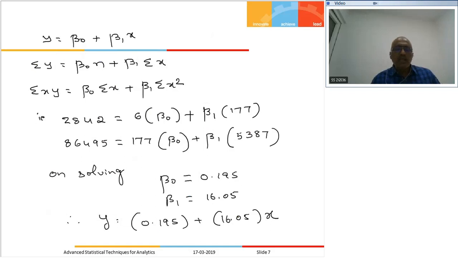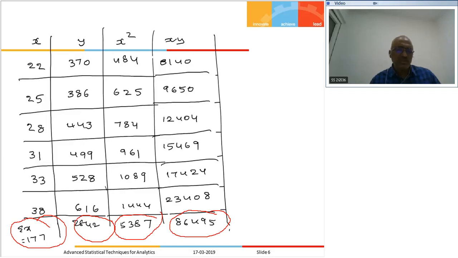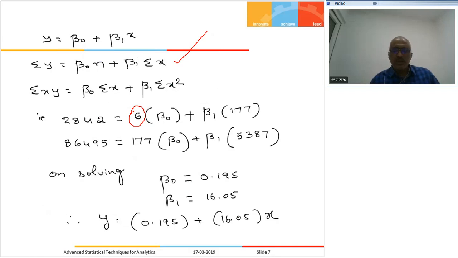We'll plug in the values in the normal equations. Summation y equals beta naught into n, where n is the number of data points given. Here in this case it is 6: 1, 2, 3, 4, 5, 6. So 6 points are given: 6 into beta naught plus beta 1 into summation x, and summation xy equals beta naught into summation x plus beta 1 into summation x square.